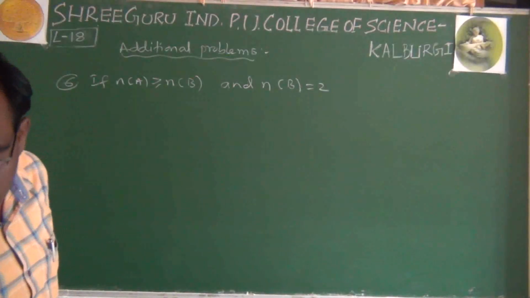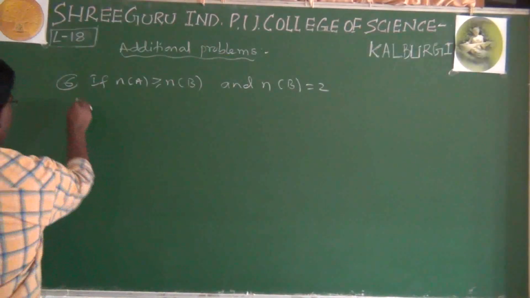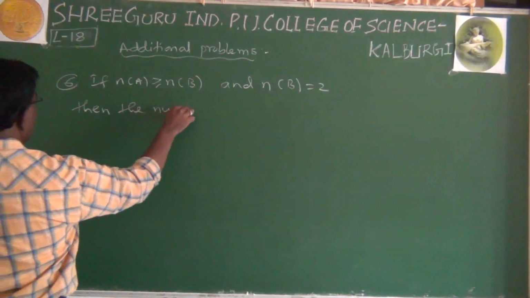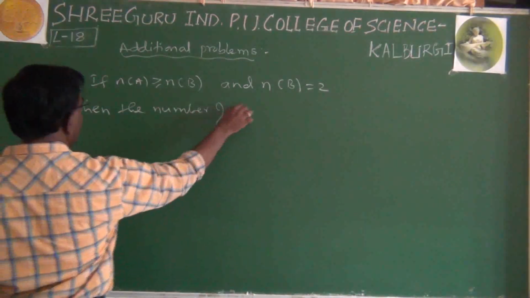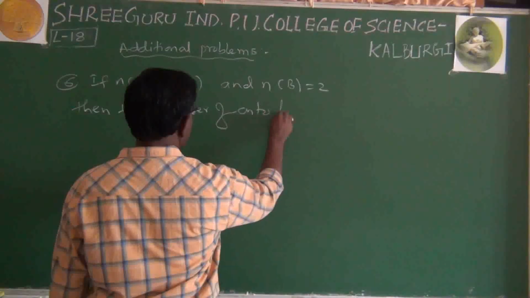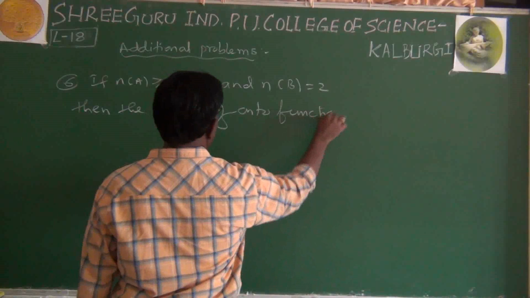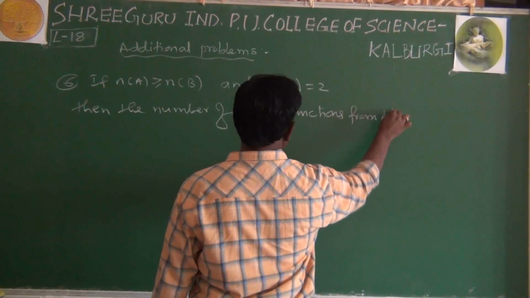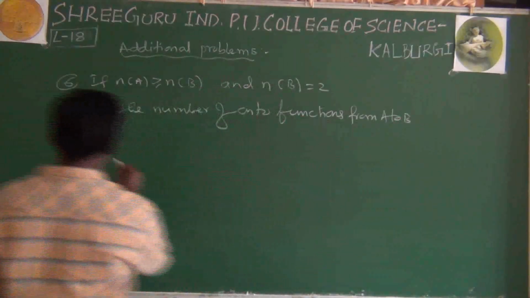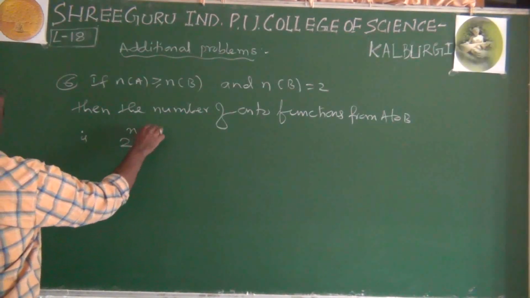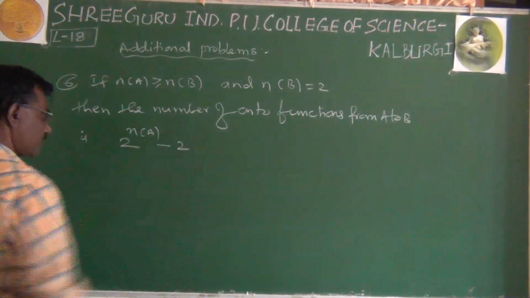Then what is the question? Then the number of onto functions from A to B is 2 to the power n of A minus 2.